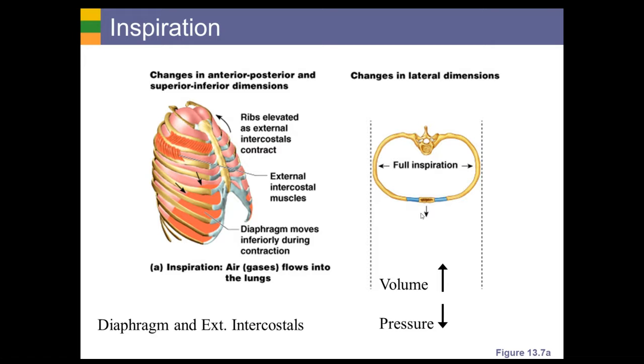You cause an increase in the volume of your thoracic cavity that lowers pressure, and air simply moves from high pressure to low pressure. The muscles involved, of course, are the diaphragm, and then what are called the external intercostal muscles that raise your rib cage.